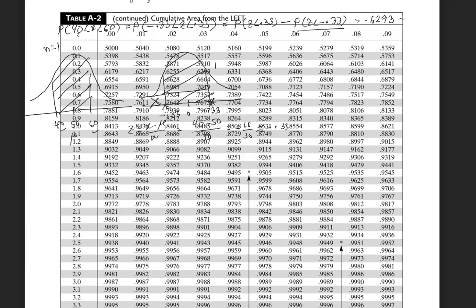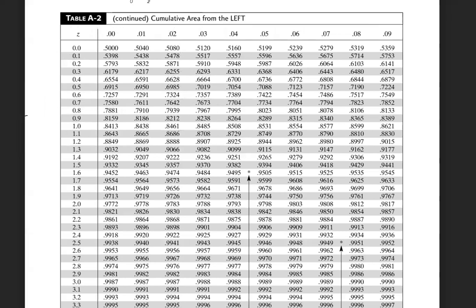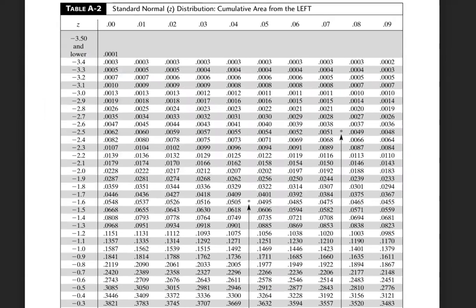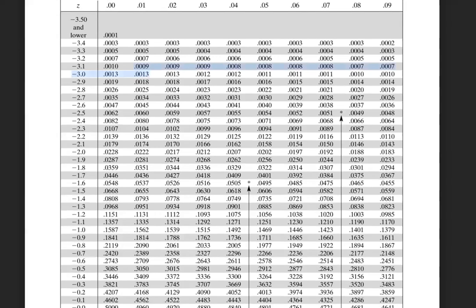So let's go to less than negative 0.33. Let's look it up. Negative 0.33 is right here, slightly above 0.3, negative 0.33: 0.3707.